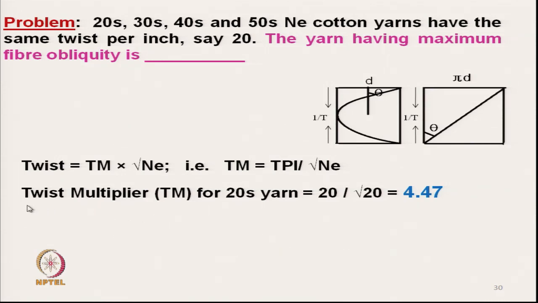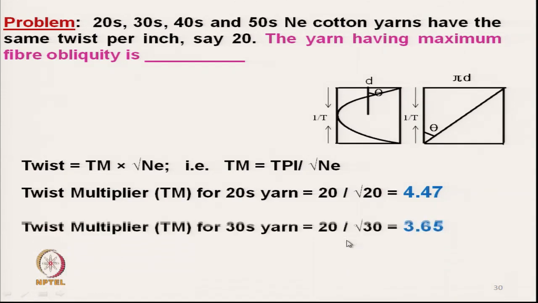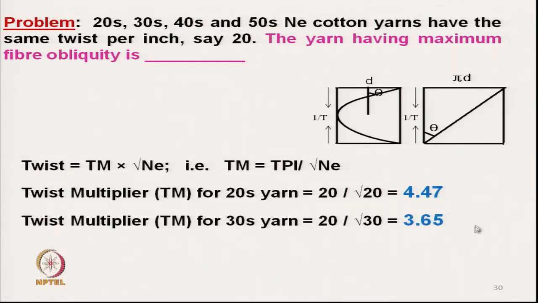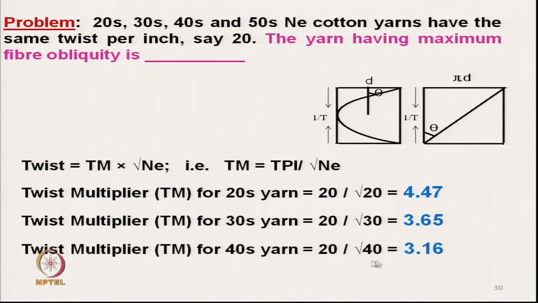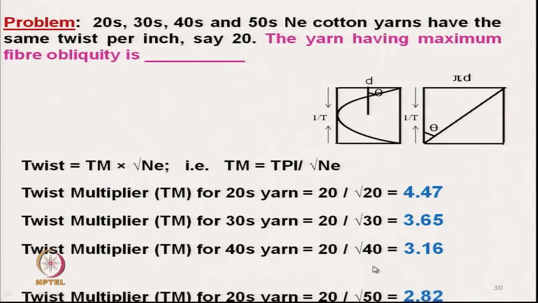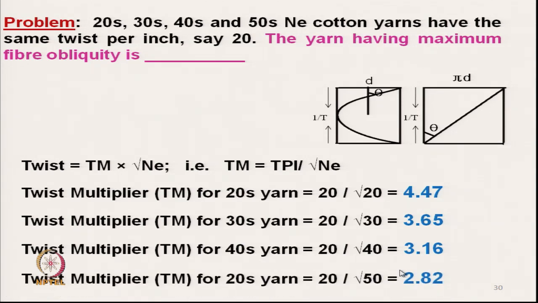So, twist multiplier for 20s yarn is 20 divided by root 20, it is 4.47. For 30s yarn it is 3.65, 40s yarn it is 3.16 and 50s it is 2.82.